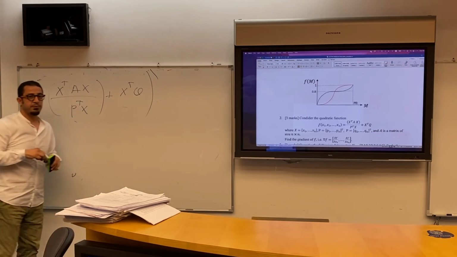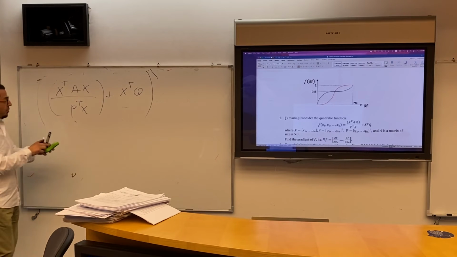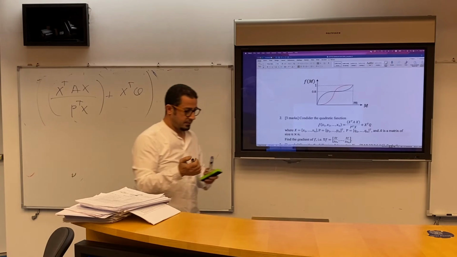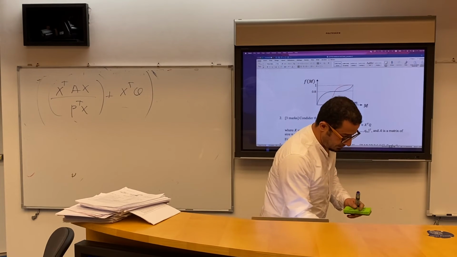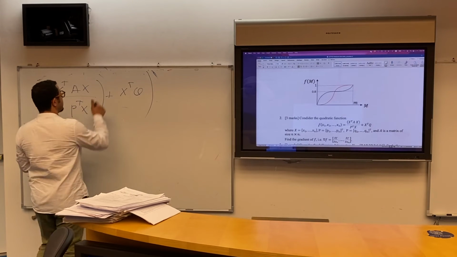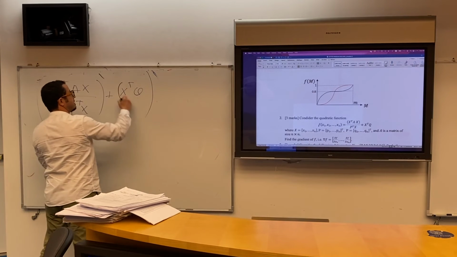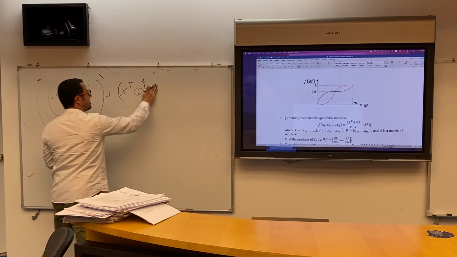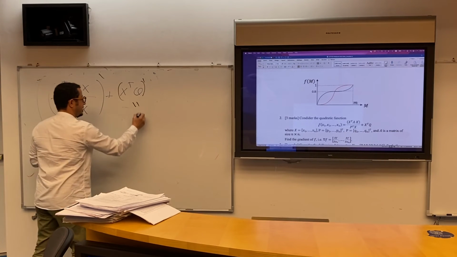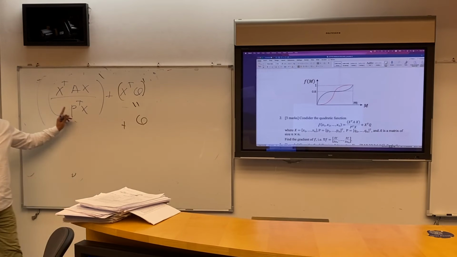Let's do it first. The derivative of this one will be the derivative of this plus... Are you okay with this? What is the derivative of this one here, please? Plus the derivative of this one.